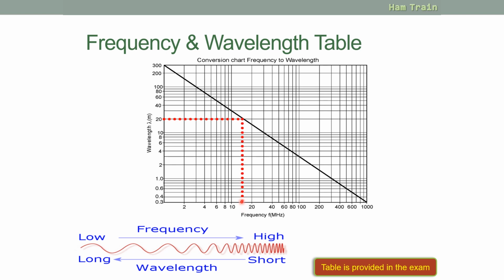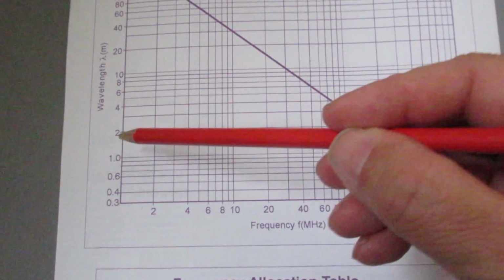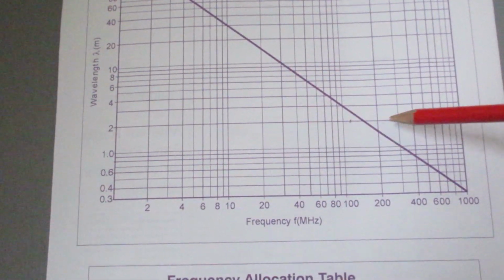So 14 megahertz would be a wavelength of 20 meters. What you'll also notice, very important radio concept here, is as the frequency increases, the wavelength decreases. Again, you'll be given this chart in the exam, the frequency and wavelength lookup table.